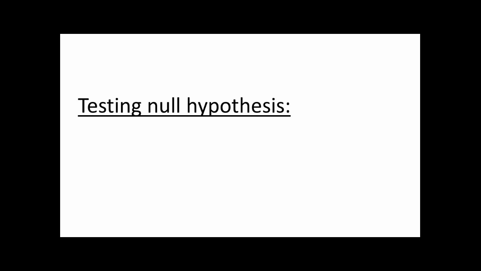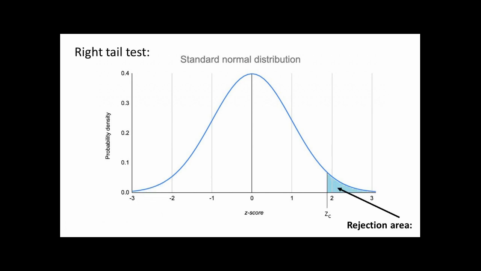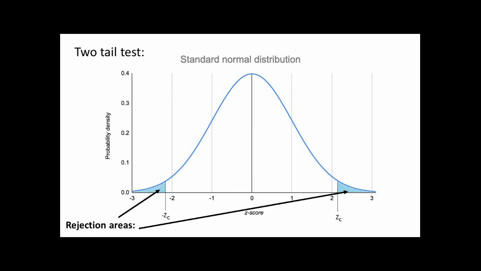There are two ways to test your null hypothesis. The first way to do the hypothesis test is to identify a critical value or critical values based on the level of significance to determine your rejection area or areas, and then see if our sample falls in the rejection area or not.